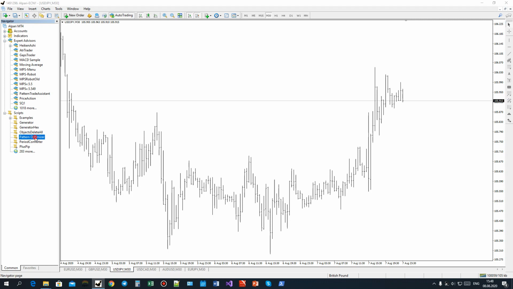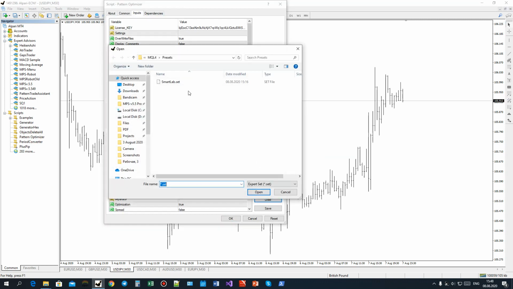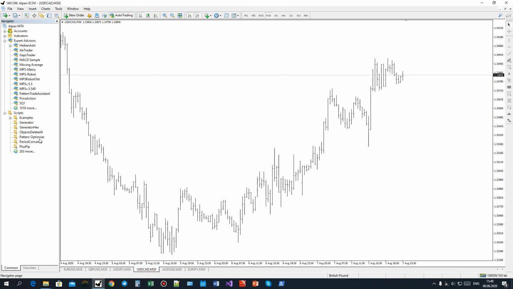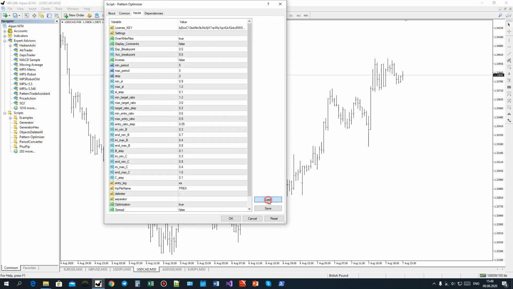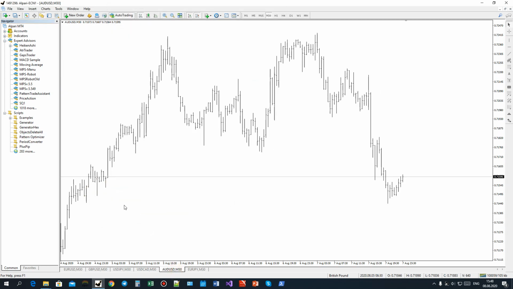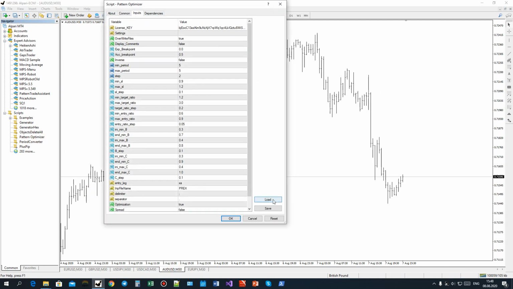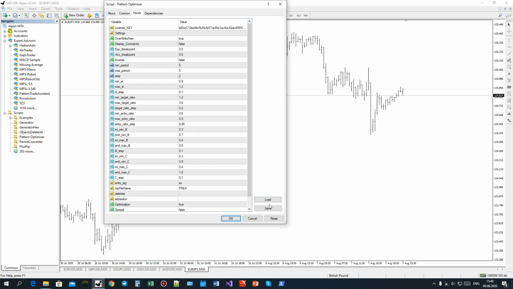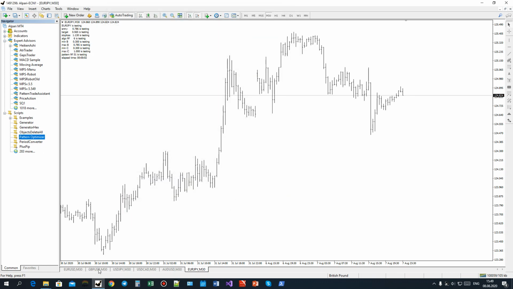Then go next, pattern optimizer, load, smart lab, okay. Then go next, the same again. One more, and one more.